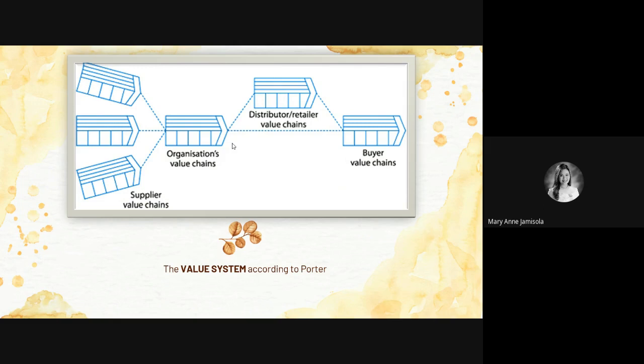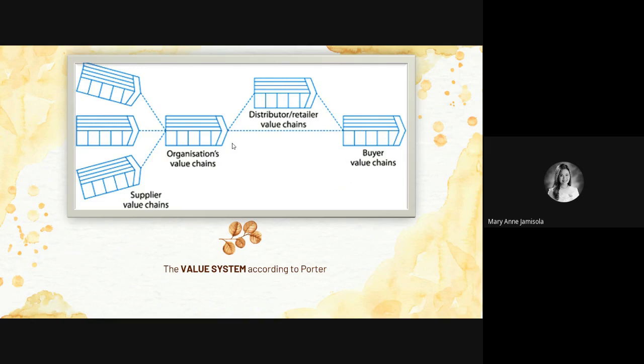Hence, Michael Porter explained that a company's value chain is embedded in a broader value system that provides inputs into the company and then helps transfer the outputs to the ultimate consumer. So it's like going back to that famous saying that no man is an island.